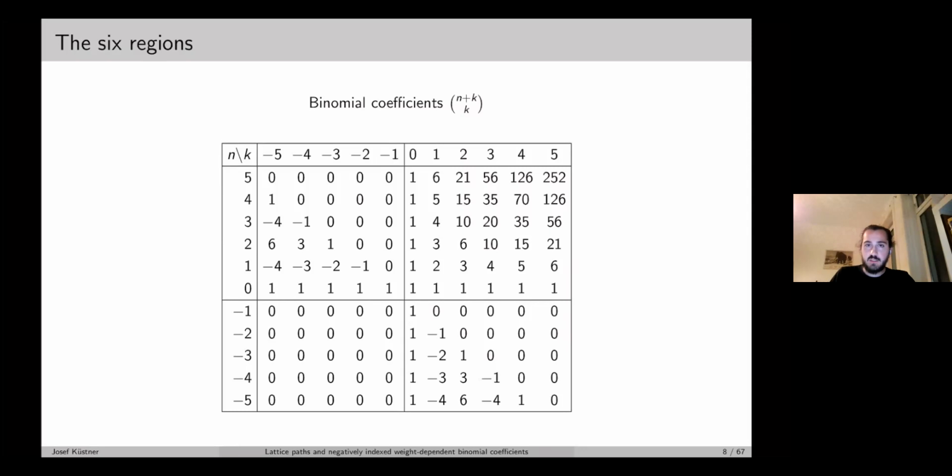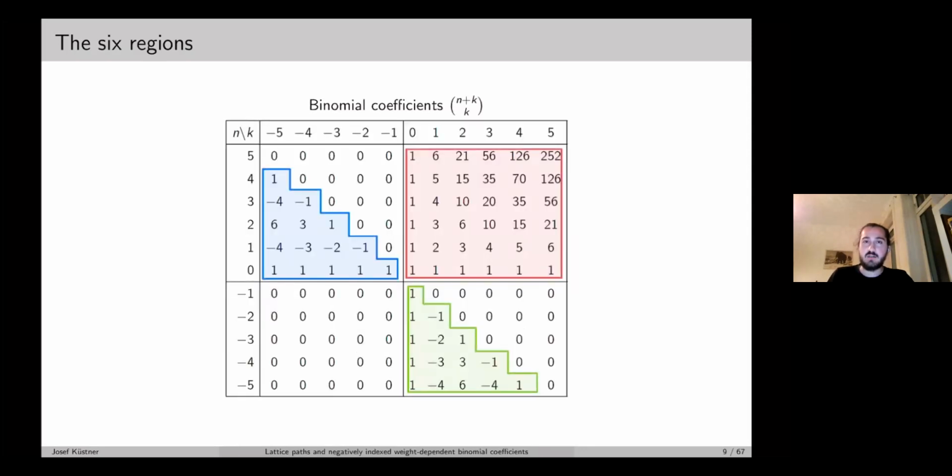What we see here, if you look closely, is that there are principally three regions. The red region is the very usual region that we know already. It's Pascal's triangle flipped around. So you can see here 1, then 1, 1, then 1, 2, 1, then 1, 3, 3, 1. It's just Pascal's triangle.